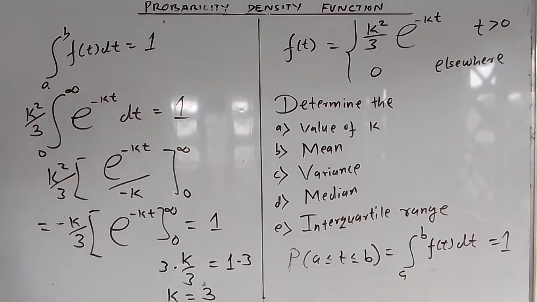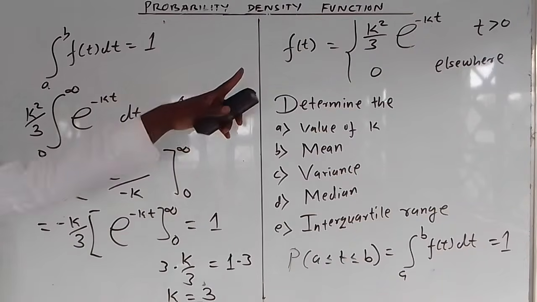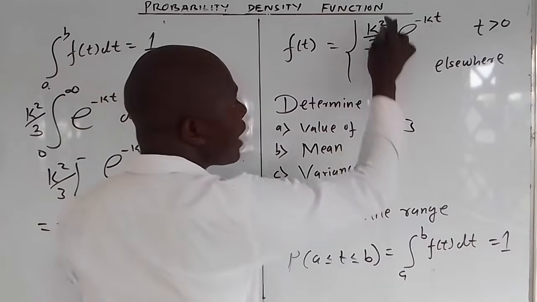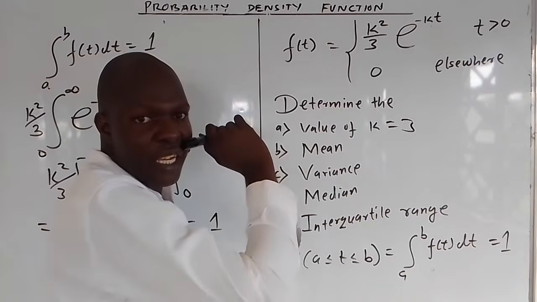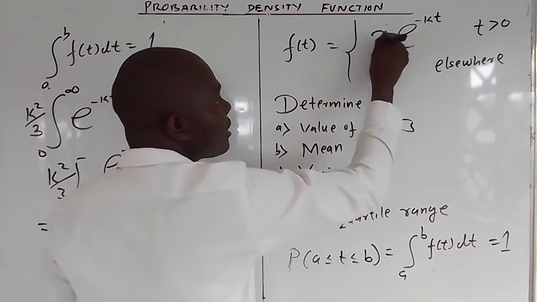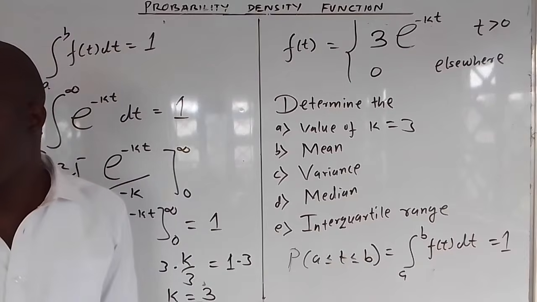So once you found k is 3, meaning where there is k in your probability density function, you put what? Are we together? Where there is k in your probability density function, you put 3. So k squared is 3 squared, isn't it? 3 squared divided by 3, you get 3. 9 over 3 is 3, isn't it?